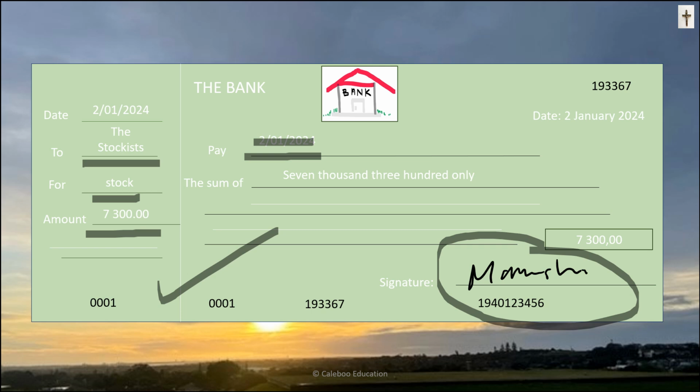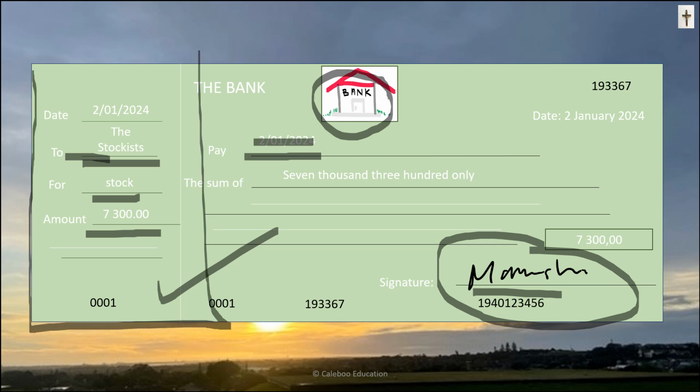The drawer is actually Calibu Education, to the drawee, which is the bank, to pay the payee, which is the stockist. It's quite a mouthful. All we're doing here is Calibu Education is paying the stockist by check. And this piece here is left behind in the checkbook.